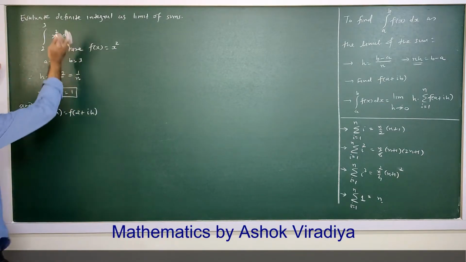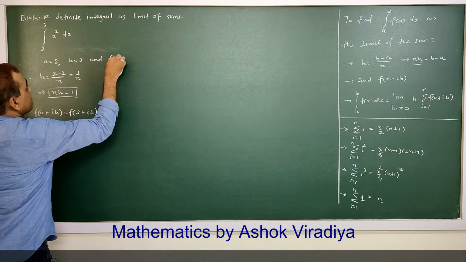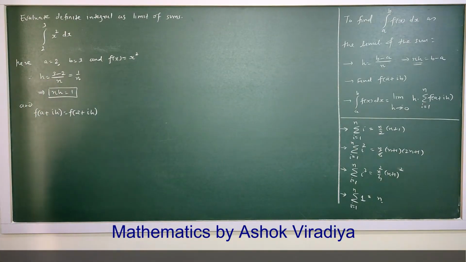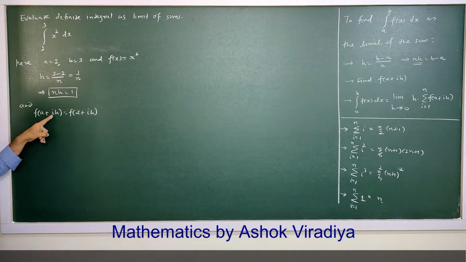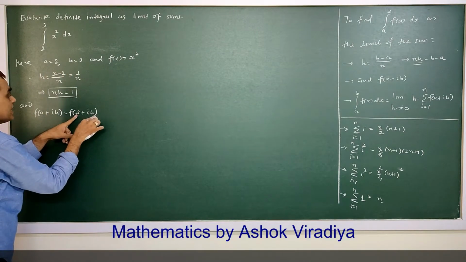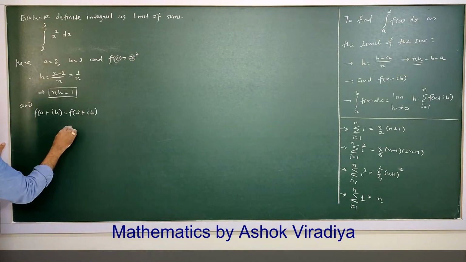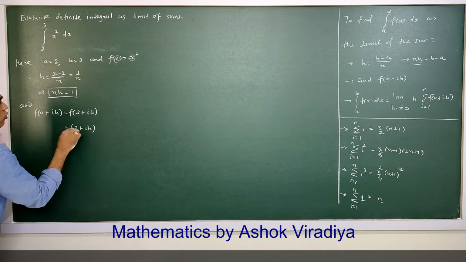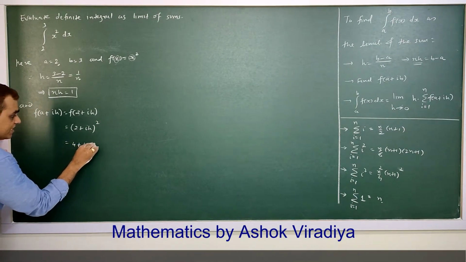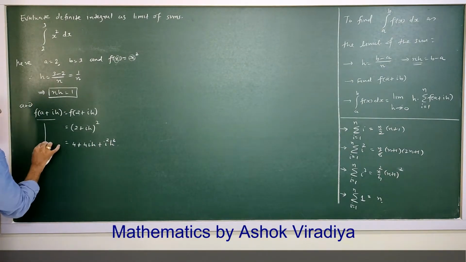Let me take this statement here: a is 2, b is 3 and f(x) is x square. So now f of a plus ih, that is f of 2 plus ih. Putting 2 plus ih in place of x, it is 2 plus ih whole square. So this is 4 plus 4ih plus i square h square. This is f of a plus ih.